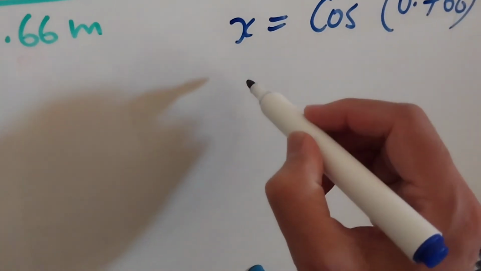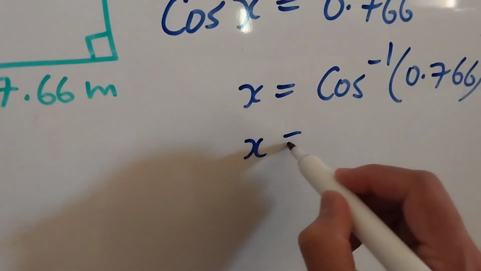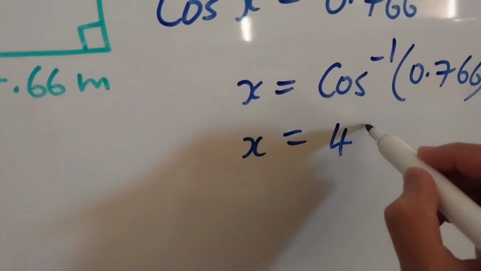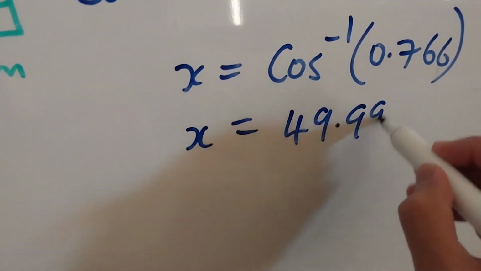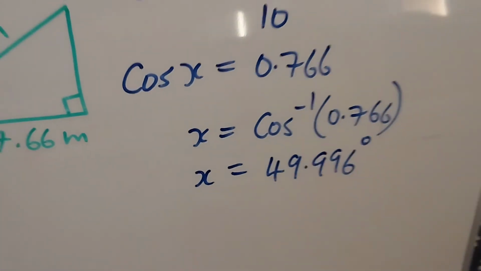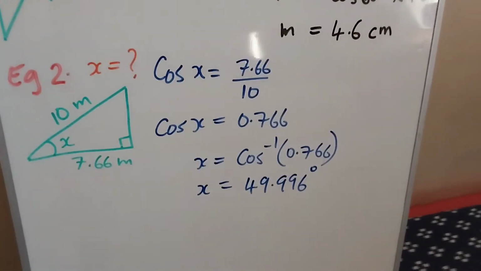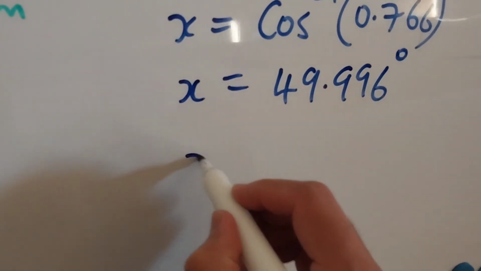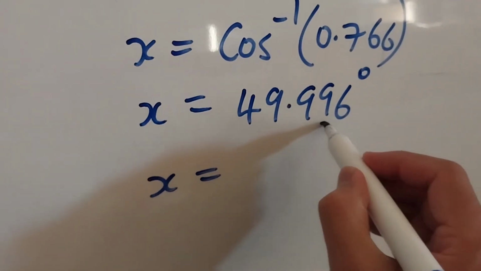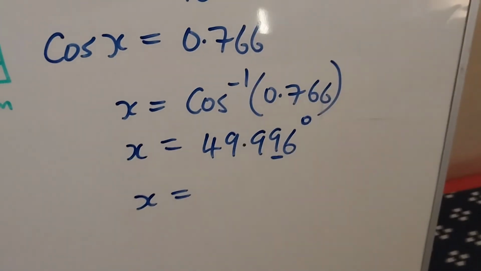So the angle x is equal to 49.996 degrees. Now we have to usually round off to 2 decimal places. So if we round this off to 2 decimal places, what do we get? So 2 decimal places is here, the second decimal place.